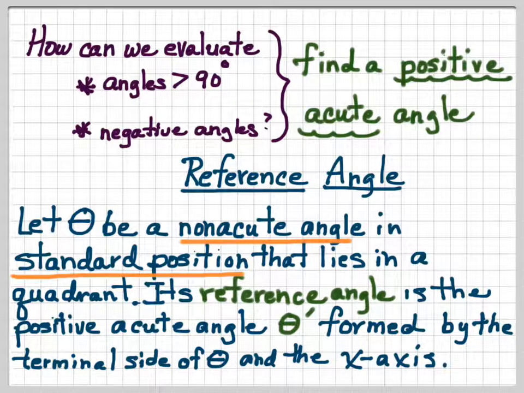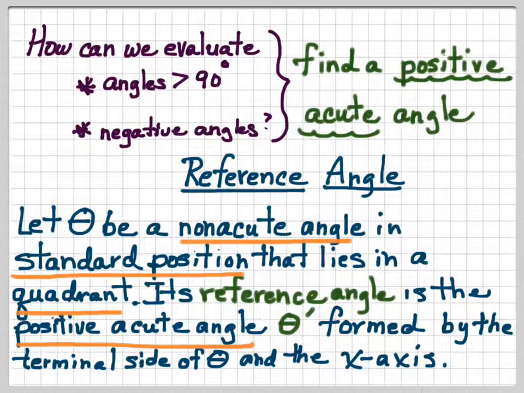All right, so in standard position, you know what standard position is. The initial side is on the x-axis and the terminal side is someplace else, okay? And it lies in a quadrant, which means we're not going to be talking about quadrantal angles. Anything that's 90, 180, 270, 360, we're not going to deal with those right now. Only those that lie inside quadrants 2, 3, or 4.